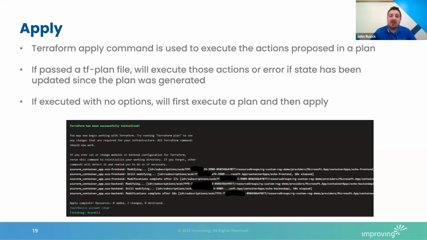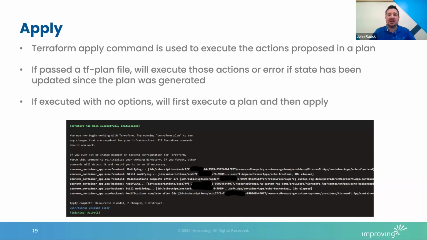If you just call Terraform apply, it's going to run a plan first and then prompt you, do you want to apply this plan? So in a CI/CD, my strategy is always execute a TF plan, pump it out to a TF plan file, stage that for review. Somebody can look at that plan file and say, yeah, this is going to do what I want. It's not deleting resources.